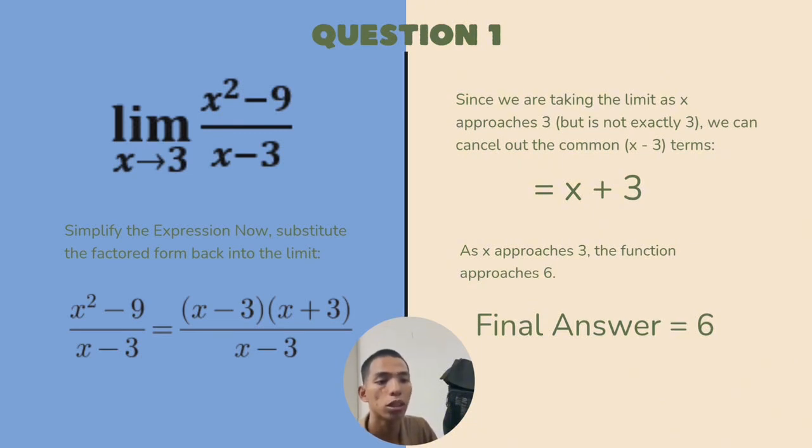When we substitute it back, the fraction becomes (x − 3)(x + 3) divided by (x − 3). Since x only approaches 3, not exactly equal to 3, we can cancel out the (x − 3). So that leaves us with x + 3. Now, as x approaches 3, the expression approaches 6. Therefore, the limit is 6.